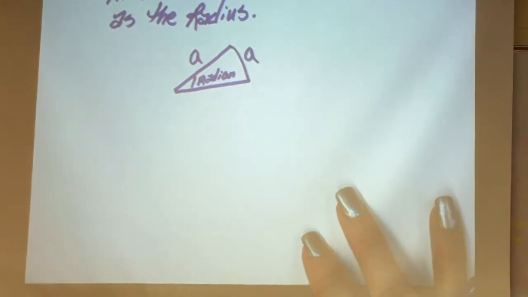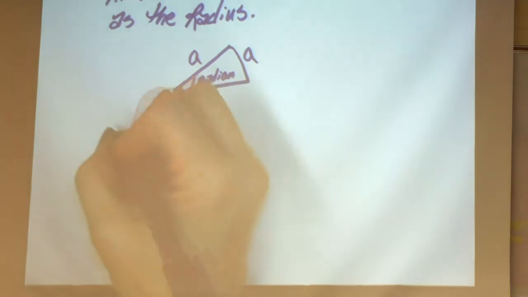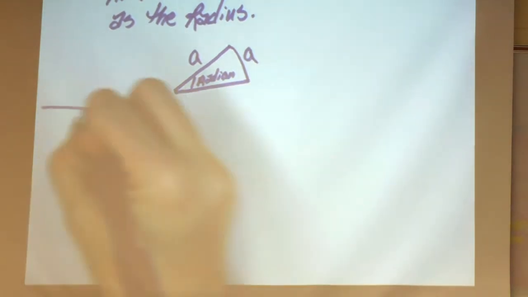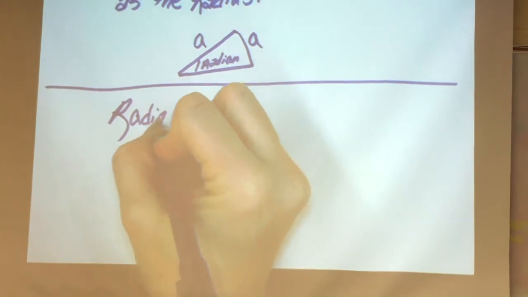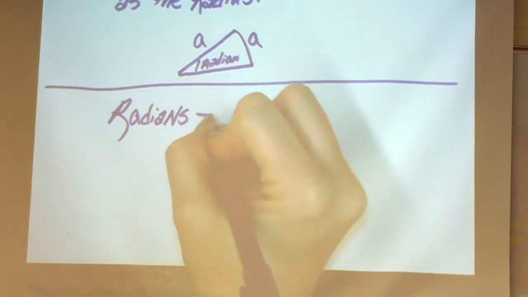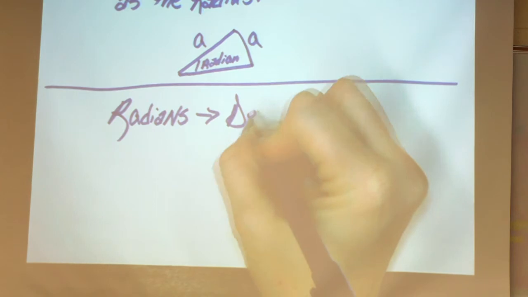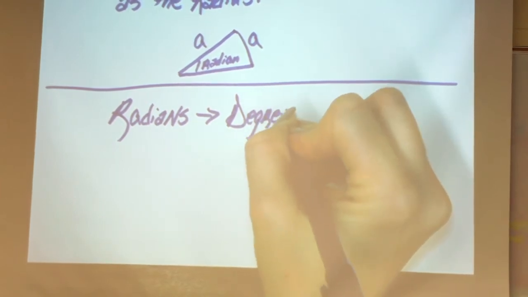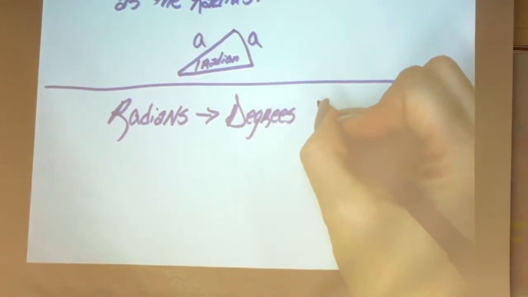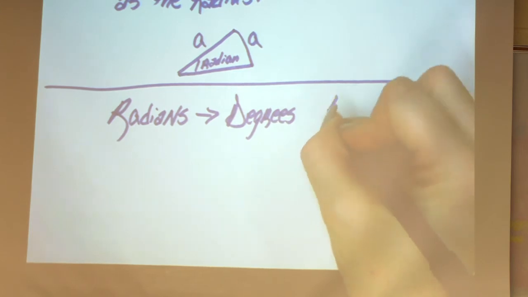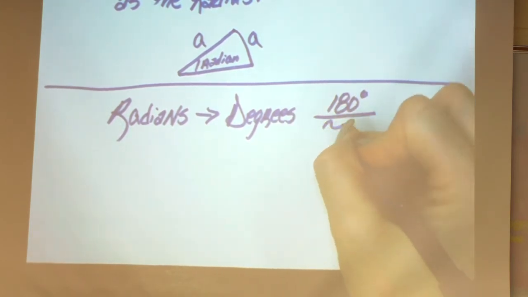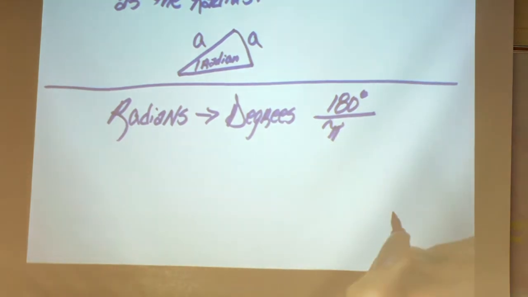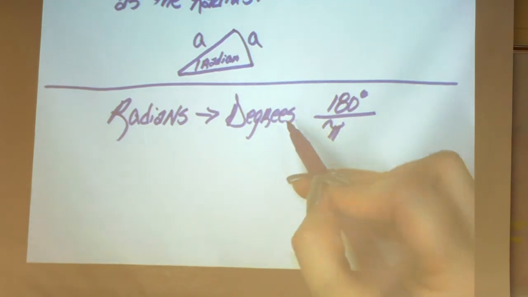Okay, so if I'm converting from radians to degrees, I want radians, and I want to go to degrees. The formula you can use is 180 degrees over pi. Multiply by that, and it will take your measure of radians and put it in degrees.